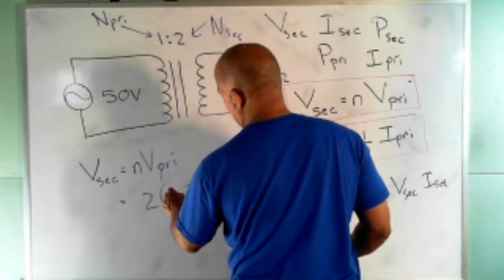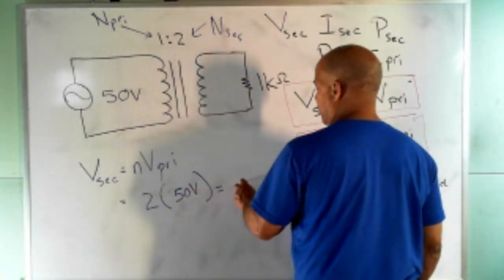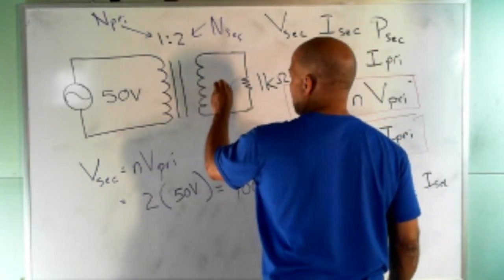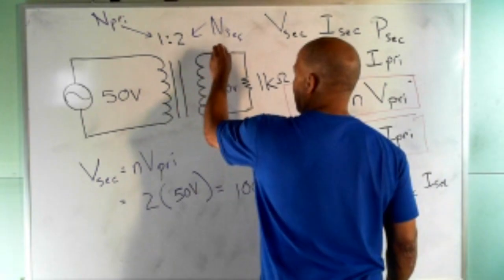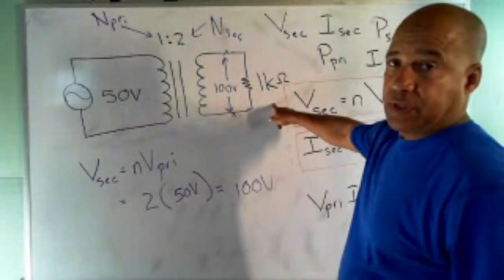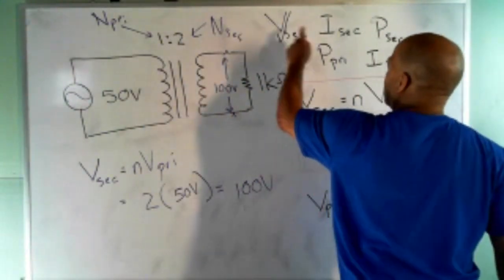So I've got 50 volts, which means my secondary voltage is 100. So I have 100 volts from there to there. That means I have 100 volts across that resistor. So we've got that. This is easy.